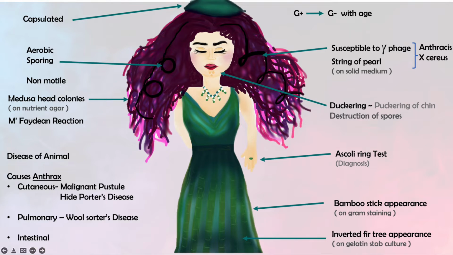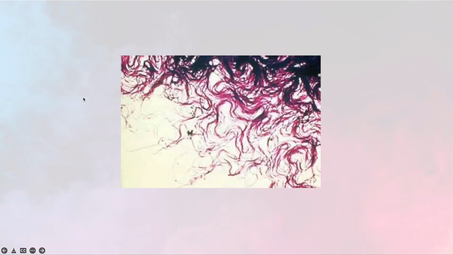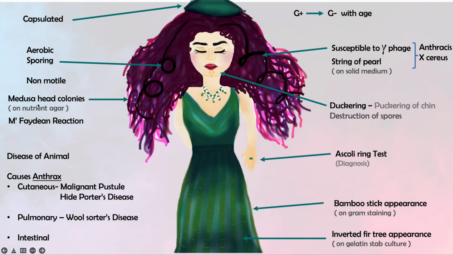She forms Medusa head colonies on nutrient agar. Medusa head colonies are colonies that are like this. Because of the intertwining strands, the intertwining long chains of Bacillus resemble hair basically. So that's why it's called Medusa head colonies.